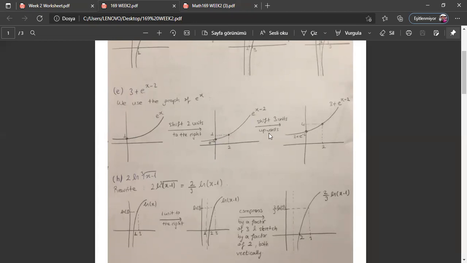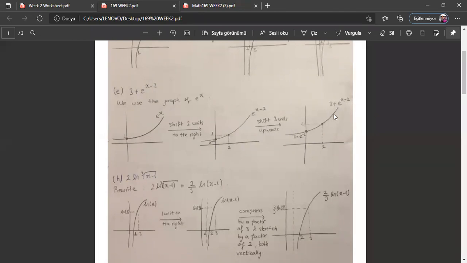Now, what do we need to do? We need to find this one. It means we need to shift this graph 3 units upwards again. So here, again, at the point 2, we need to have 1 plus 3, which will be 4, okay? And for example, that point we shifted 3 units upwards, so it will be 3 plus e to the minus 2, okay?